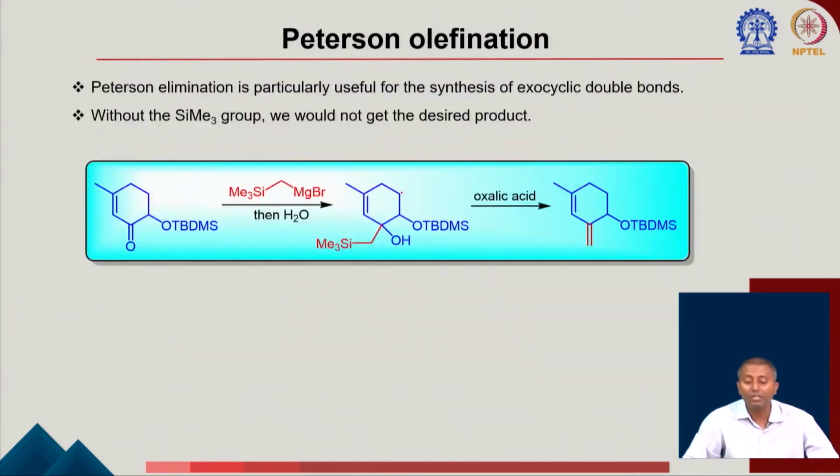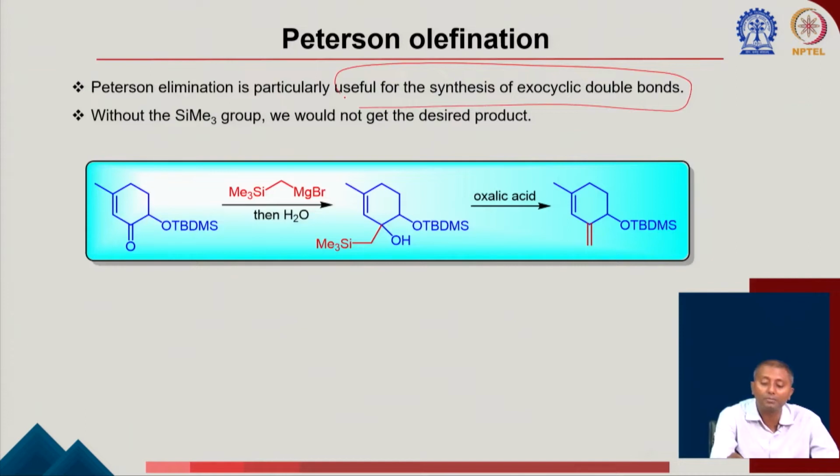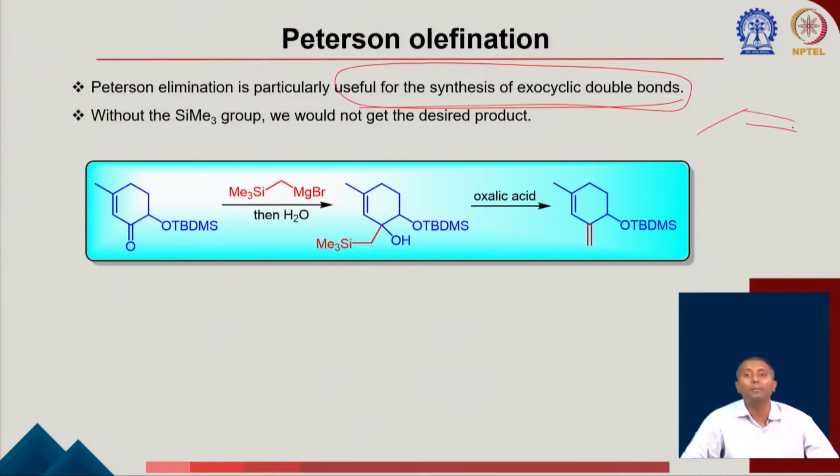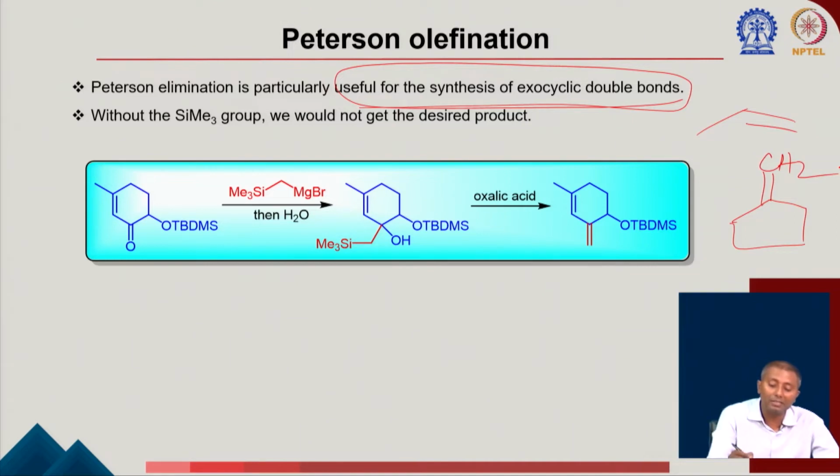Okay. So that's why you can see Peterson olefination is particularly used for synthesis of exocyclic double bonds. So when you are thinking about synthesis of some sort of terminal olefin, or something like some sort of exocyclic double bond like this. Again, there is an example given here in this reaction. This is the corresponding Grignard going to attack.